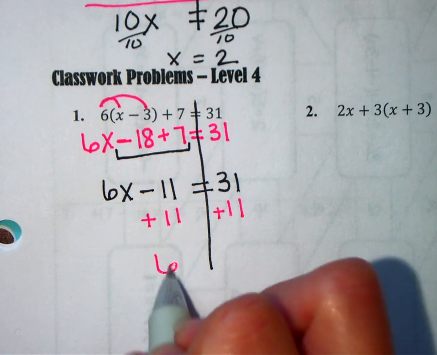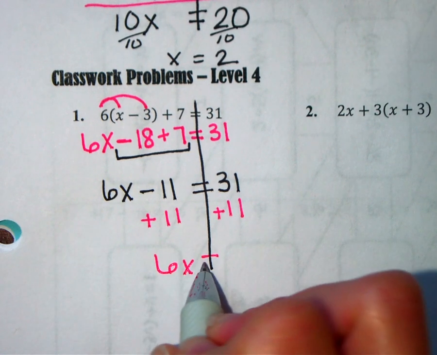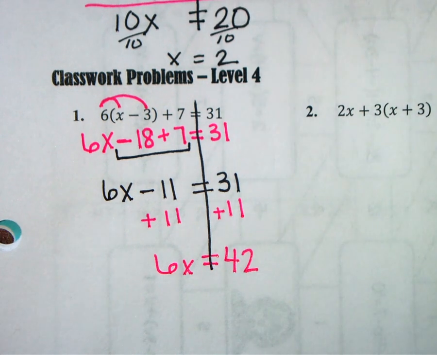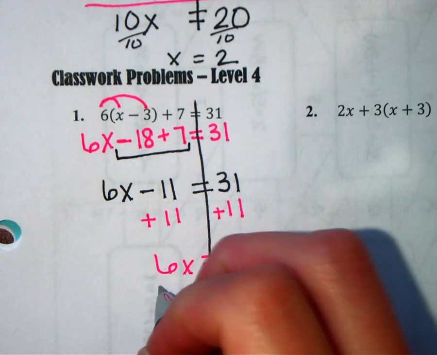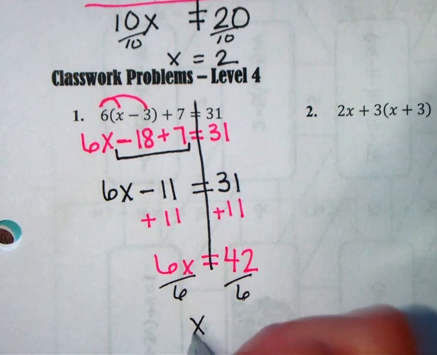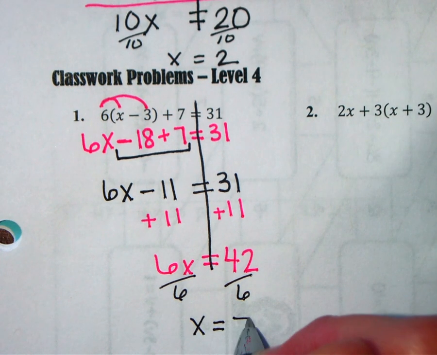So I've got 6x equals 42 divided by 6, and I get x to be 7.